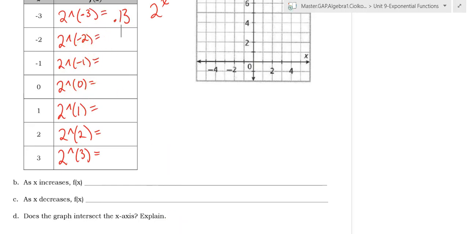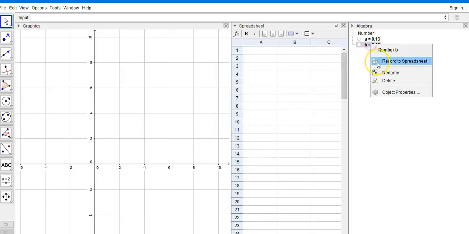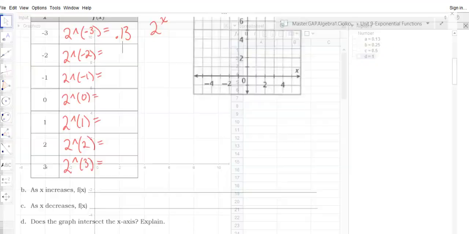2 up to the negative 2. I'm going to do the next few here. So we kind of see our pattern. 0.25, 0.5, 1.